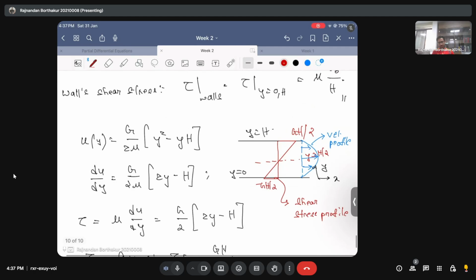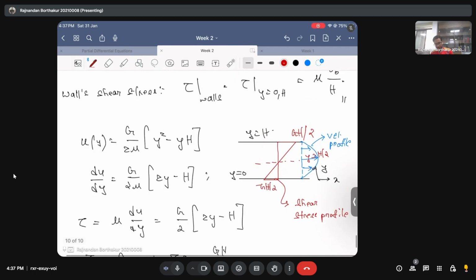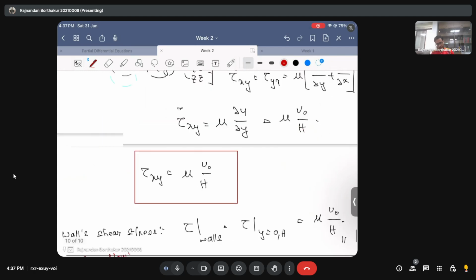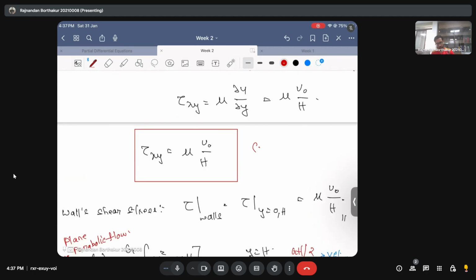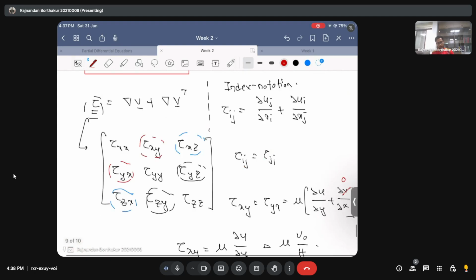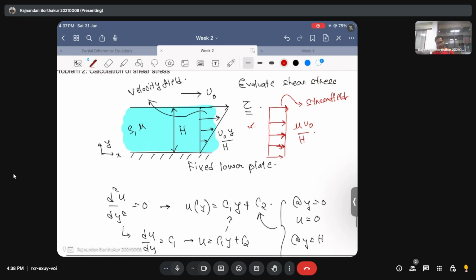All right, remember, this is for the case when you have a plane parabolic flow or a plane Poiseuille flow. And this is for the case when you have a Couette flow. Okay, that is this scenario, basically.